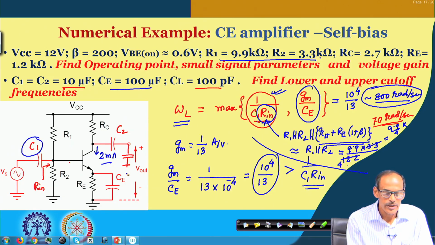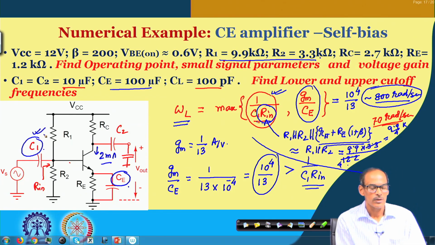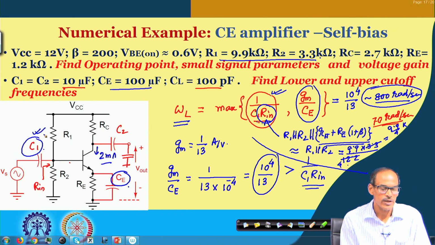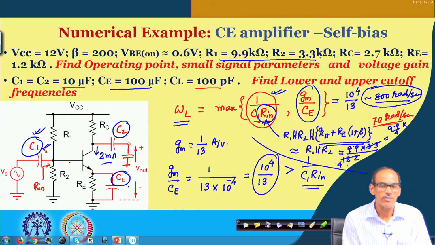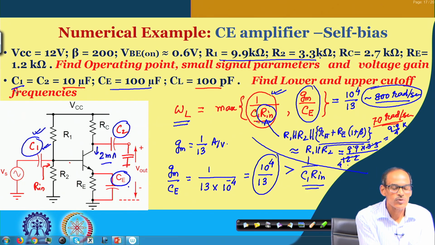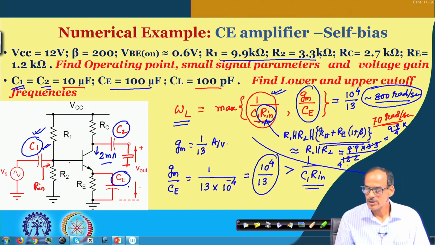Most of the time, the value of this capacitor is 10 to a few 10 times higher than this one, or sometimes even 100 times higher than C1. On the other hand, C2 we normally take the same as C1. This numerical example indirectly gives you some idea of the typical values of C1 and C2 to get the lower cutoff frequency and upper cutoff frequency.